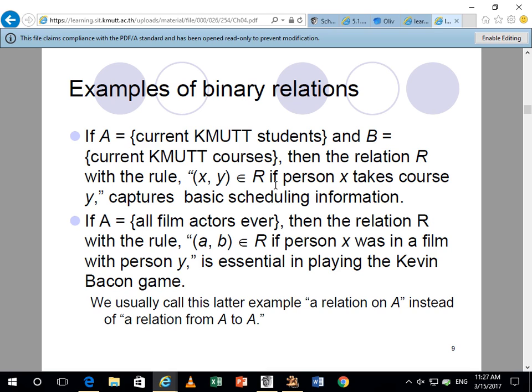Then the relation with this rule: if person X is in a film with person Y, so with another person. So by definition, if person Y appears in a movie, then Y is a person who appears in a movie. That means he's a film actor as well.